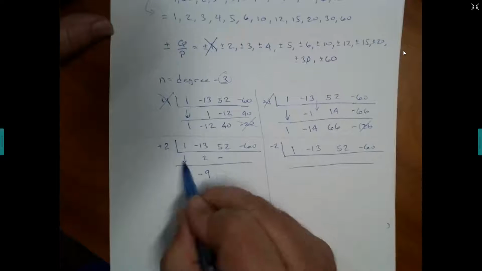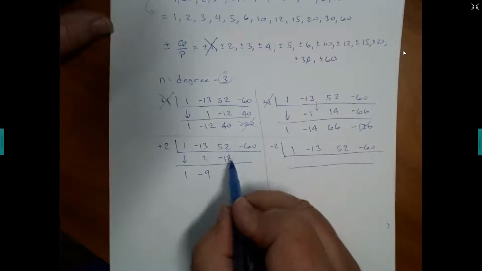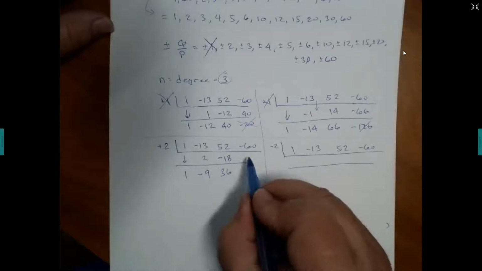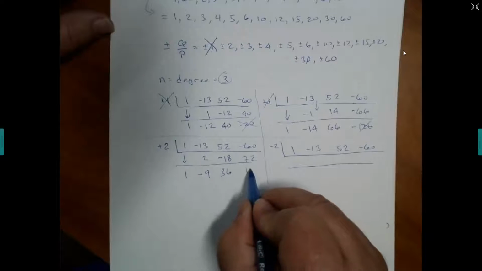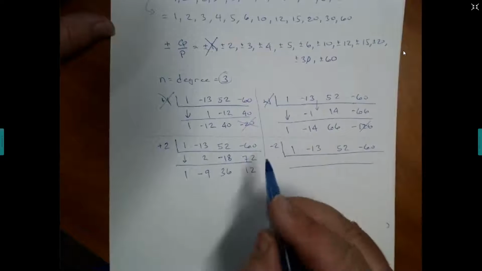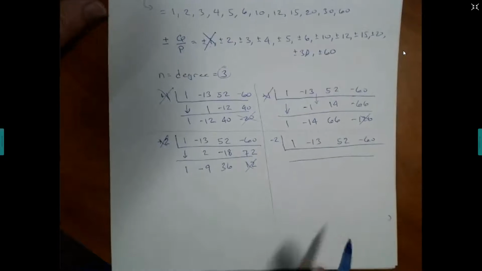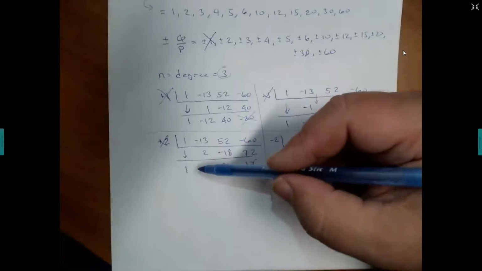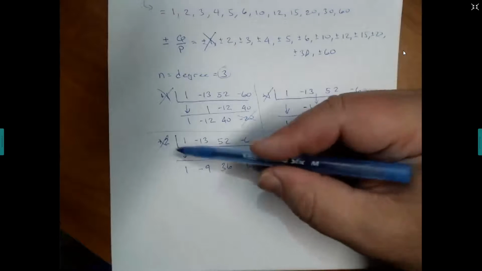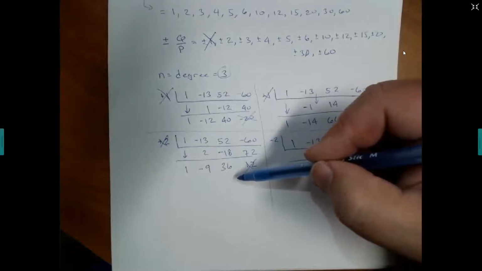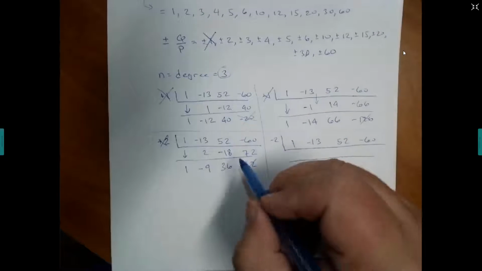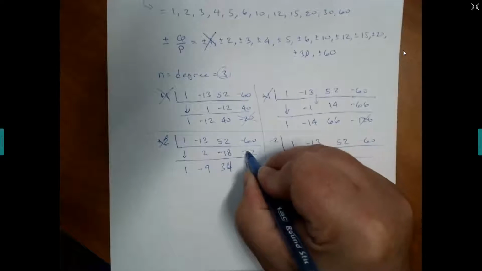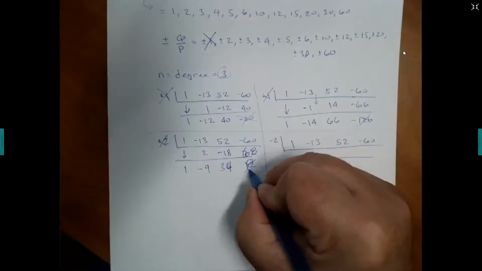Positive and negative is negative. 2 times 9 is 18. 52 minus 18 is 34. It's 68, which makes it 8. So that doesn't work.